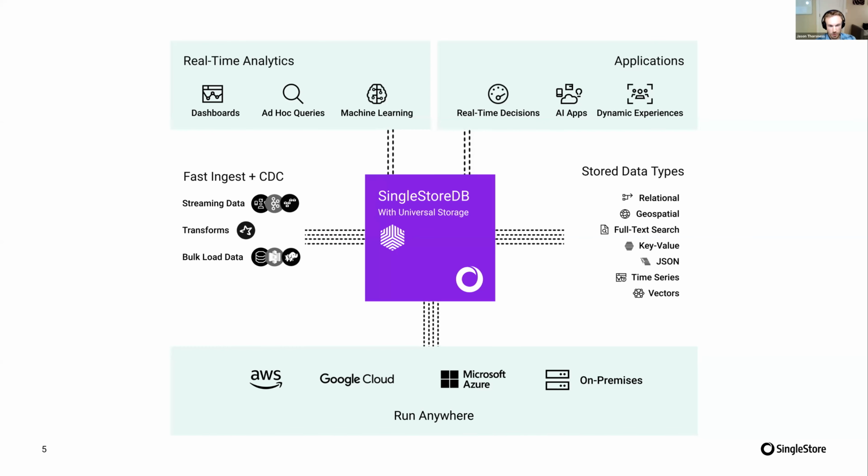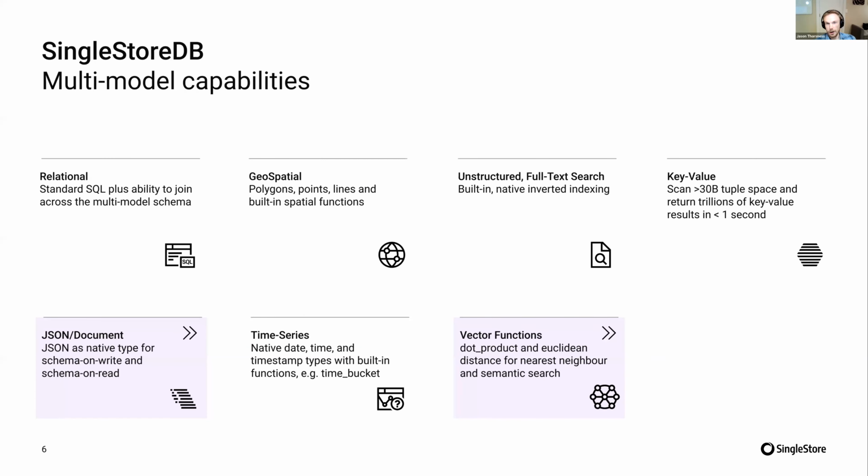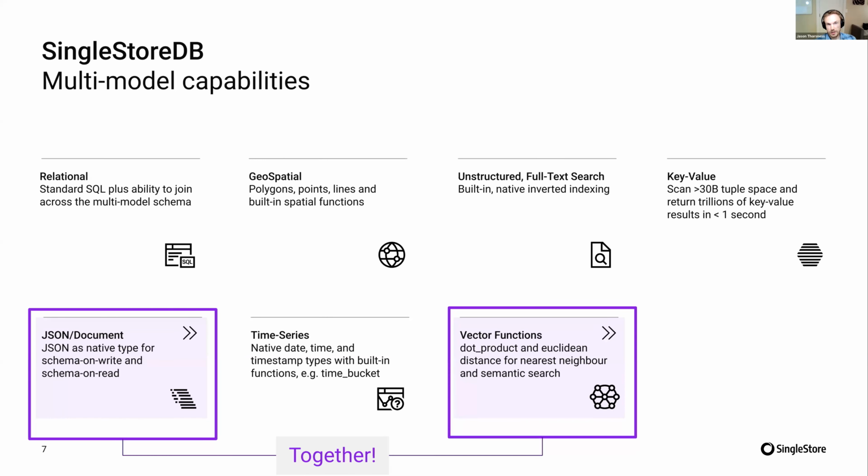And by virtue of supporting all these different data types, you're able to keep it all in one engine and not do more complicated multi-data store operations from your application. And today we're really going to be focusing on two of those data types that I mentioned, JSON and the vector functions for semantic search.